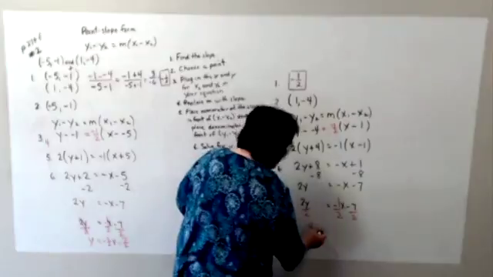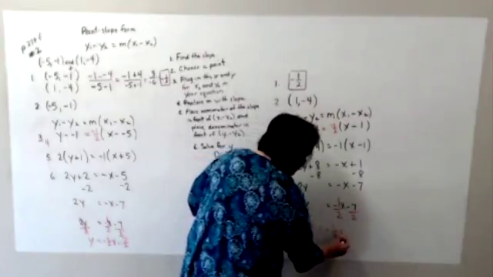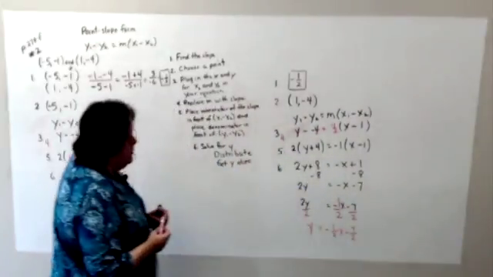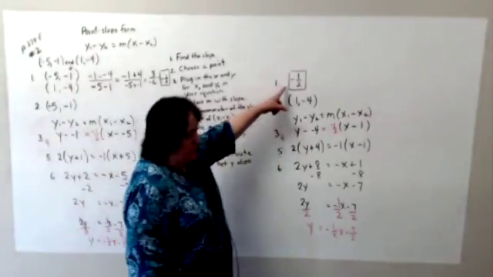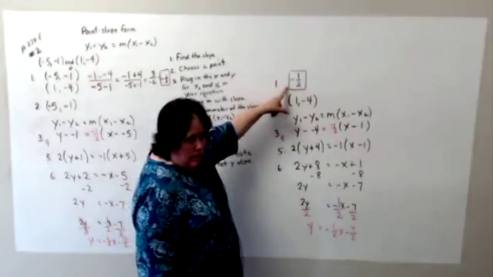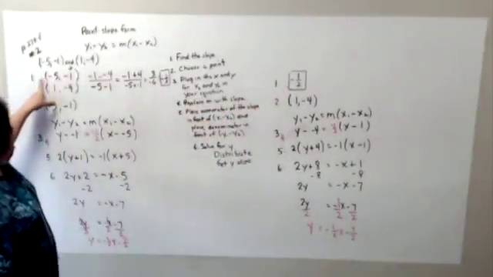Oh, Miss Lori, do you have to get into the lowest form? Yes. But we didn't have that here. Where'd you get 1 and 2 from? The slope. Where'd you get the slope from? Step 1.